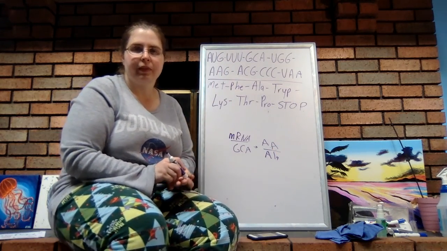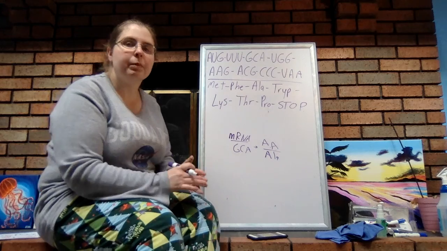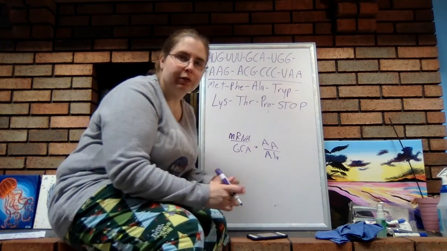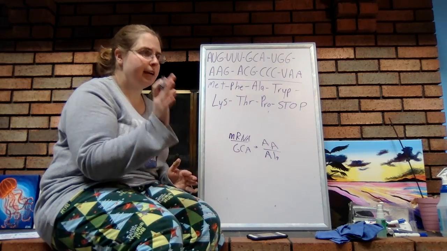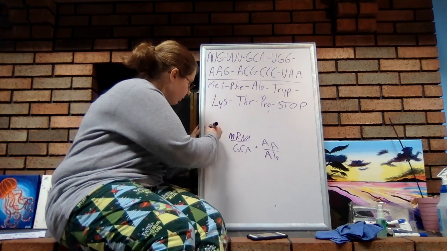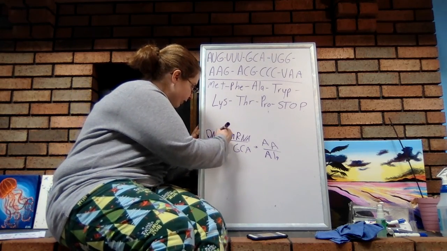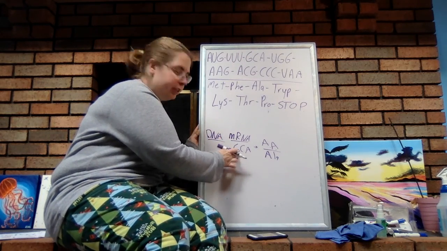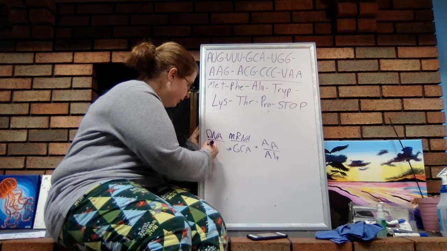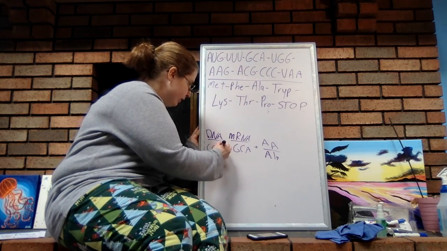Now remember, the mRNA is complementary to the original DNA. So that means the DNA would have had to be complementary to GCA, which would be CGT.